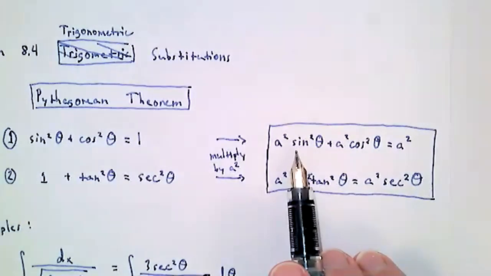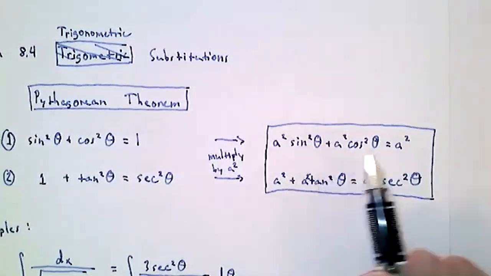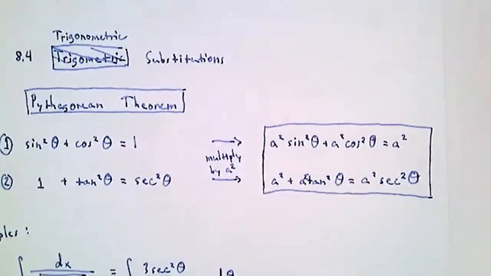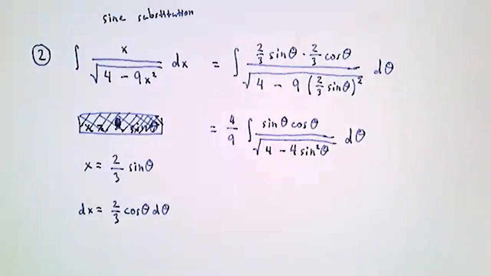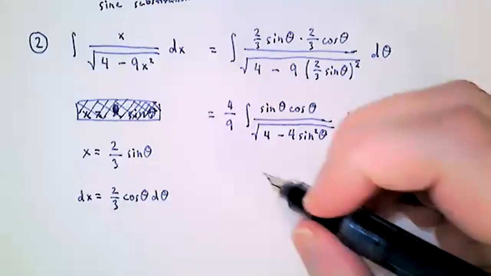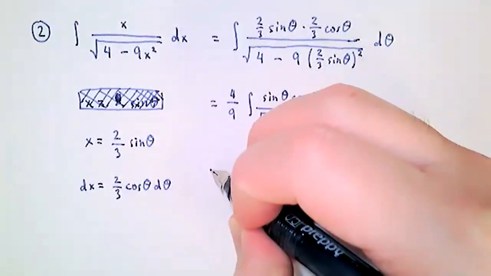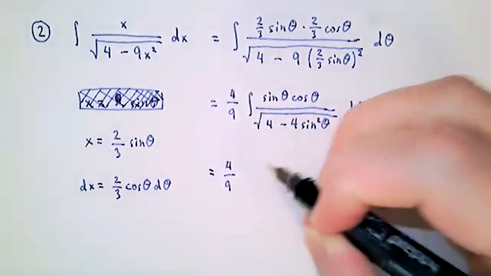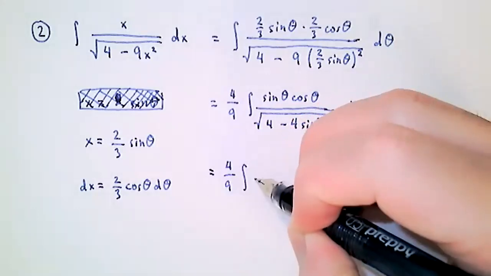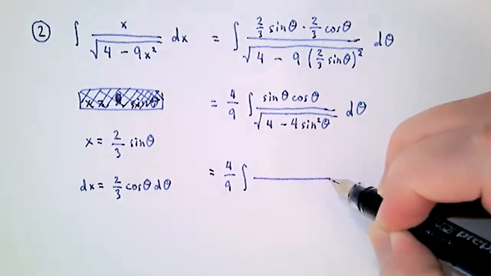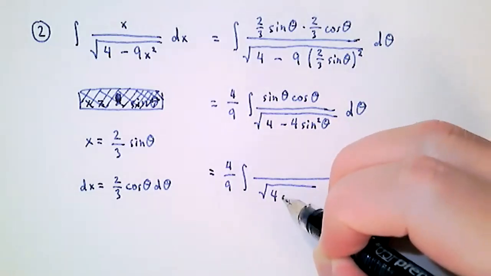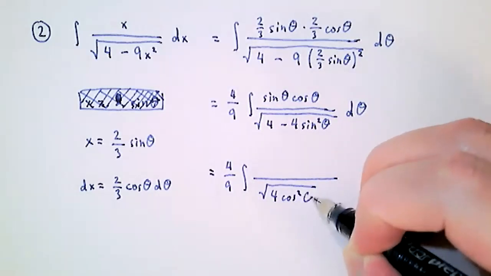So remember, we moved this to the right side of the equation, or at least we mentally did it, and then you're left with the a squared cosine squared on the other side. So now underneath our square root, we have 4 cosine squared theta.